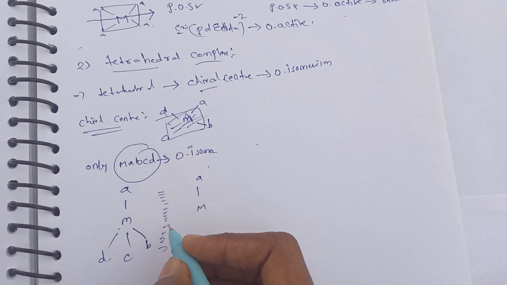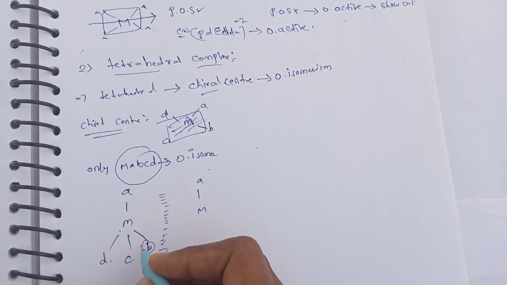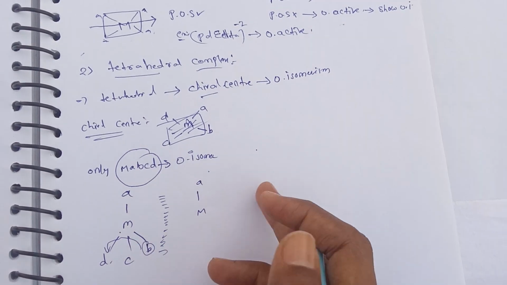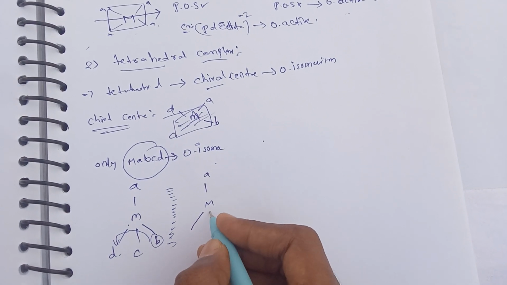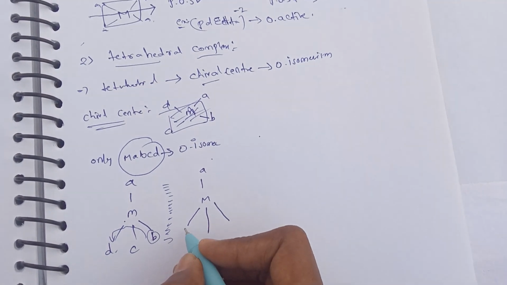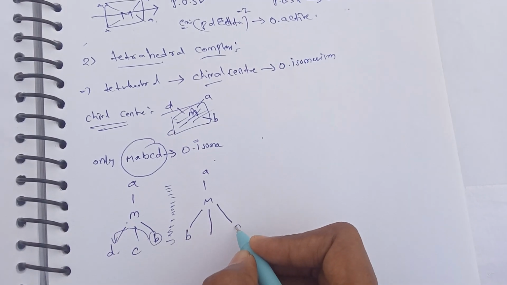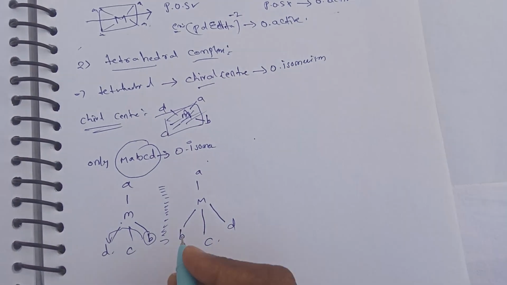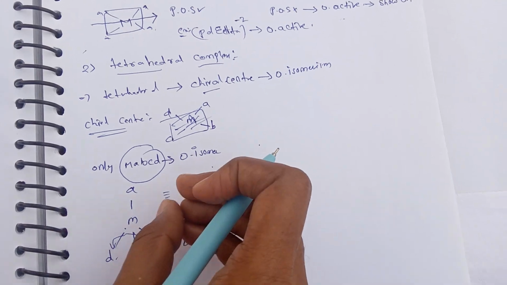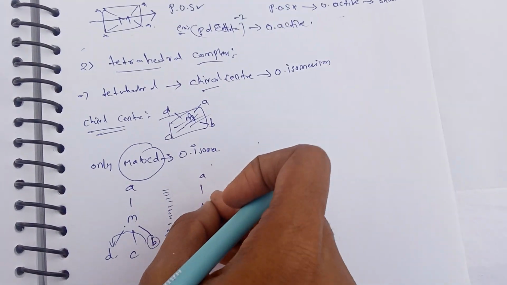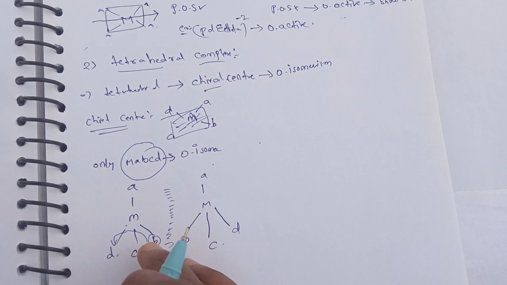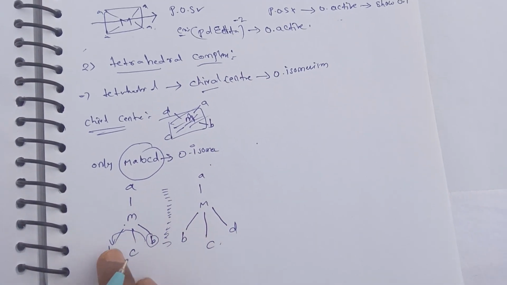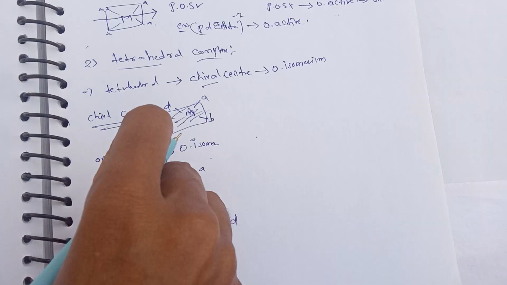That means how to write this B like this and D like this, it will be rotated. You have to write like mirror images. That means B is like this, D is like this, and C is as usual. So this is the mirror image. When you put this structure here as the mirror image, that means here B, here D, here B, here D. So that means mirror images.